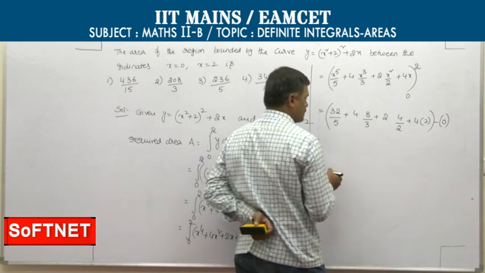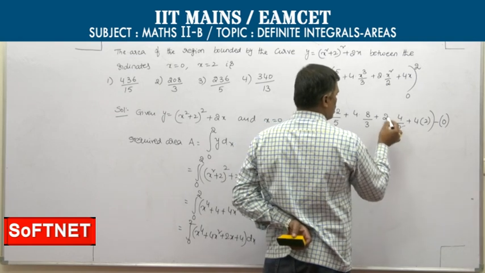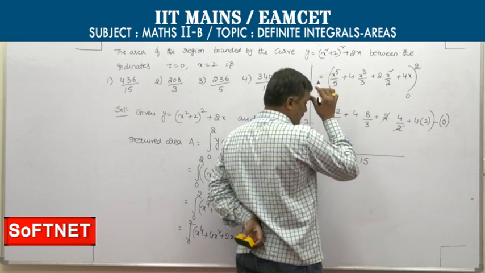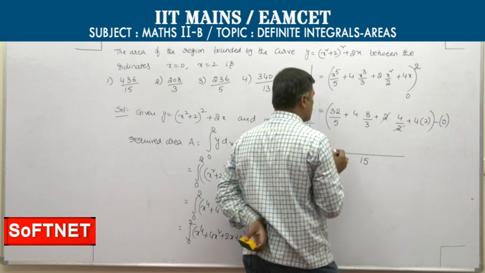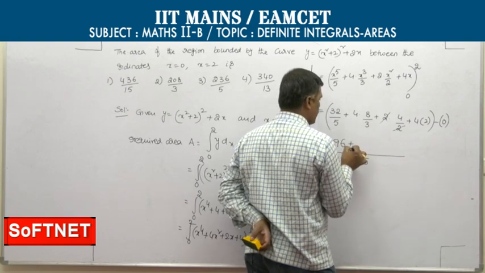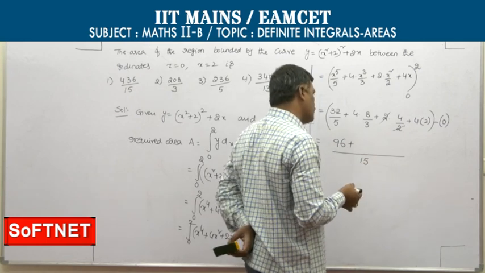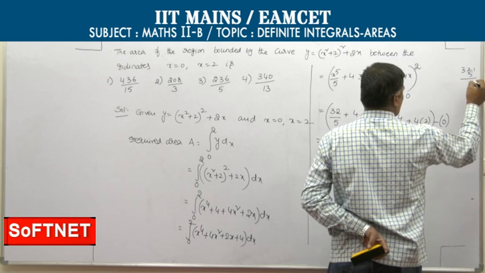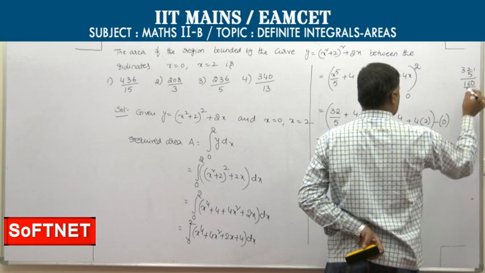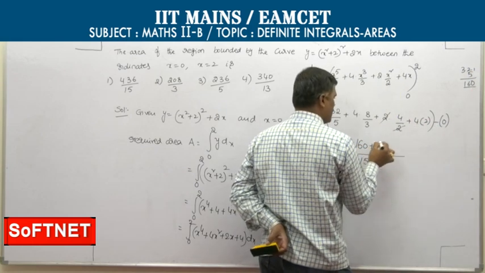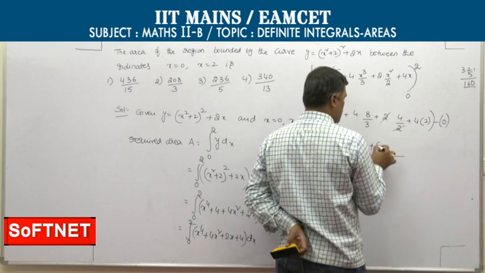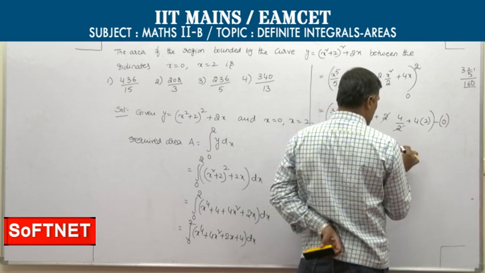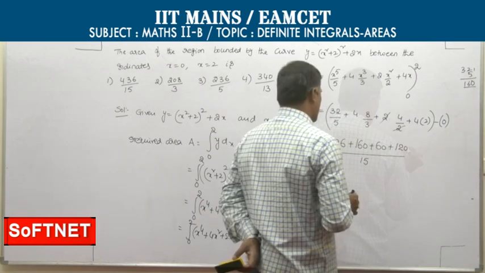That is equal to, here LCM is 15. 5 threes are 15, 3 into 32 is 96, plus 3 fives are 15, 5 into 32 is 160, plus here denominator 1, 15 fours are 60, plus 15 eights are 180, 120.